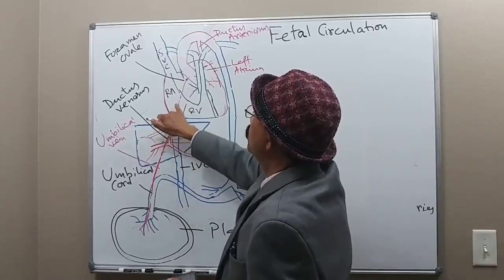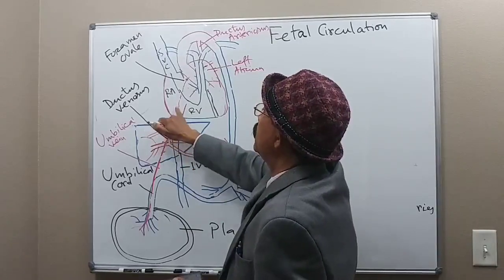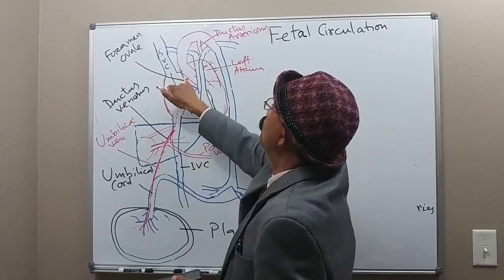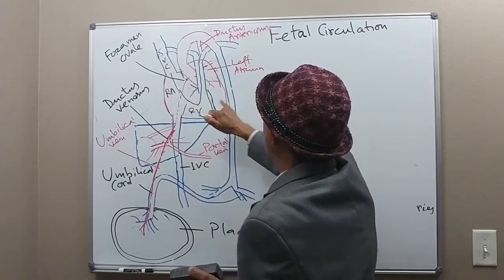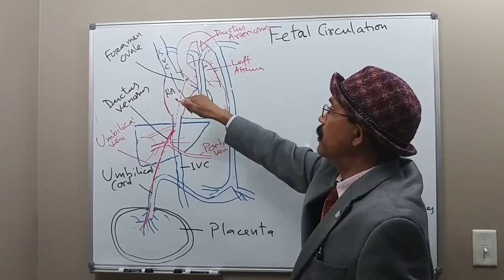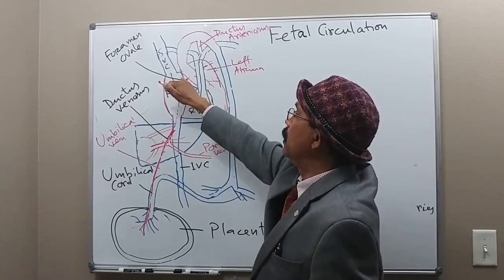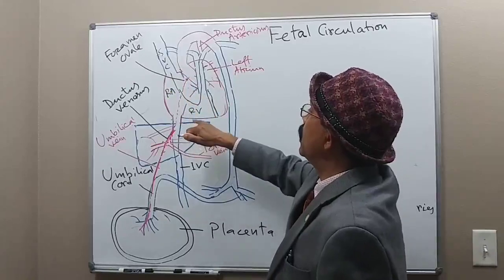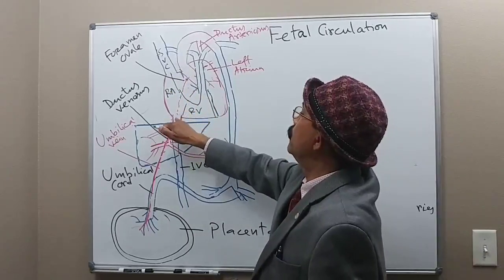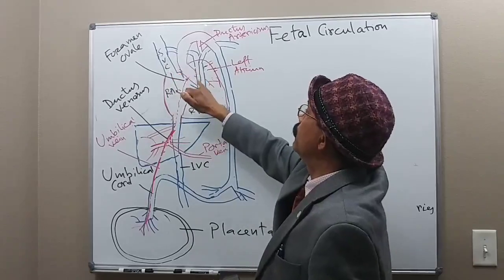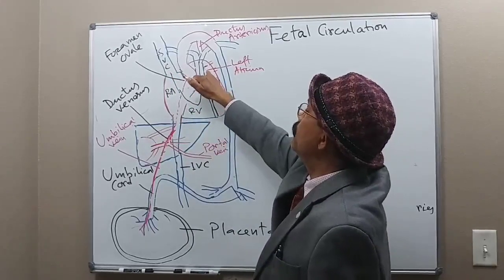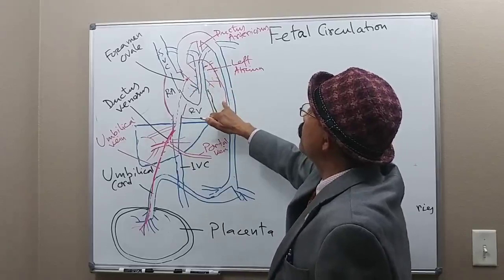Blood is going to the right atrium. That blood goes through the foramen ovale. There is a gap in the interatrial septum, that represents the gap in the septum secundum. So blood from the right atrium goes to the left atrium. From the left atrium, blood goes to the left ventricle.